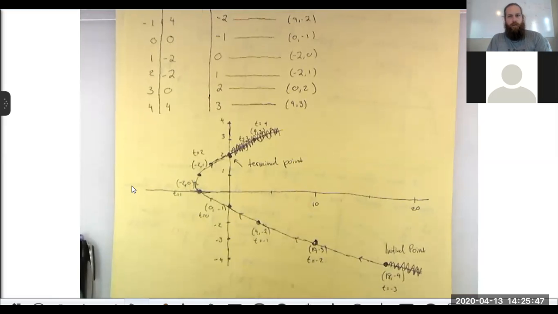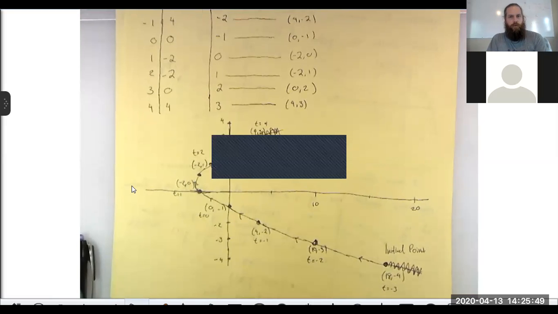If you like, let me see here. Desmos, I believe, has a pretty nice setting to play around with parametric equations.